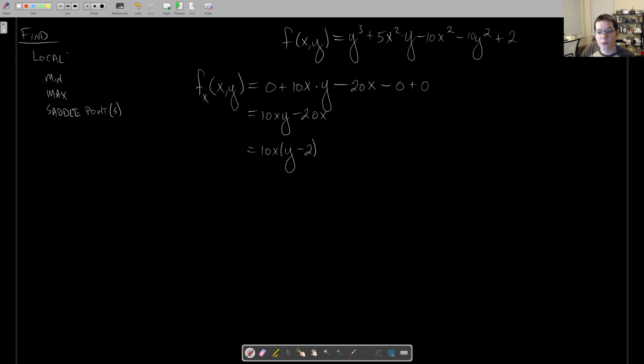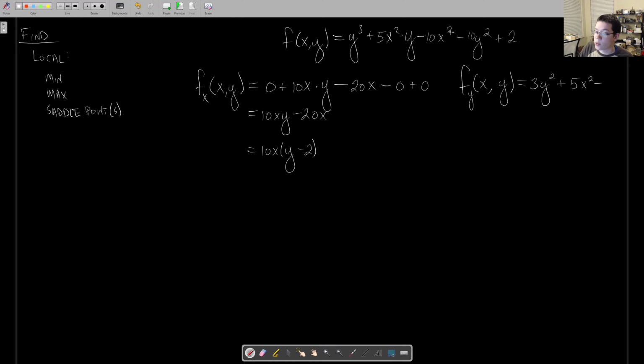Now we'll do the derivative with respect to y, which is how we, this subscript x and y is how we denote that. So derivative of y cubed with respect to y is 2. Nope, it's not 2. It's 3y squared. And then plus derivative of 5x squared y with respect to y is 5x squared.